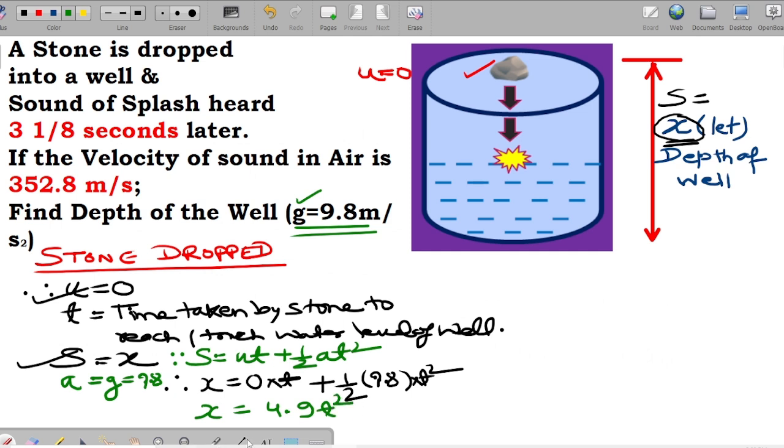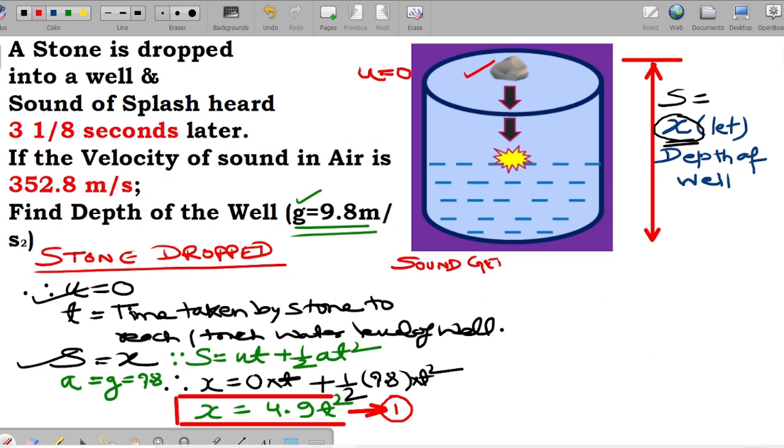So if this is one of the equations, what will be the second equation? There are two variables, x and t, so that we will be able to solve and find the value of t, and put that value of t over here to get the value of x, right? The second equation will be identified just after considering when the sound is traveling in the return journey, the second part of this journey, right?